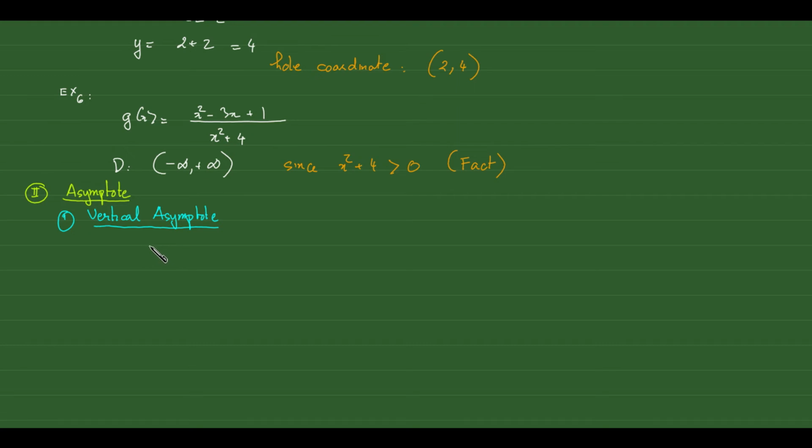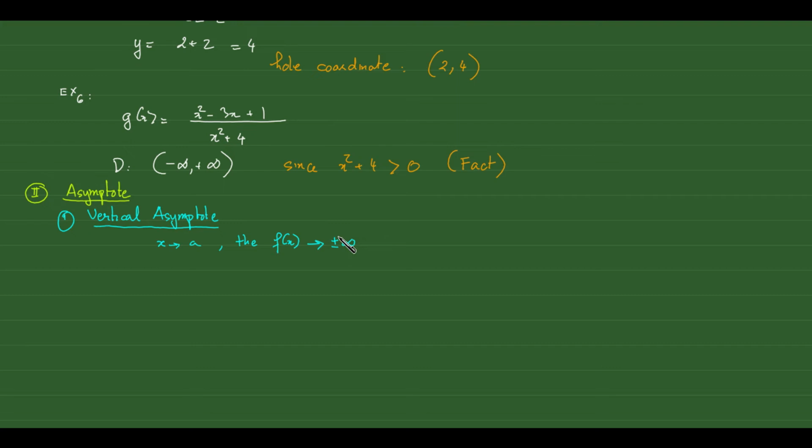It means that, when x approaches a value a, then f of x approaches positive or negative infinity. This is the definition of vertical asymptote. So that's what I mean.